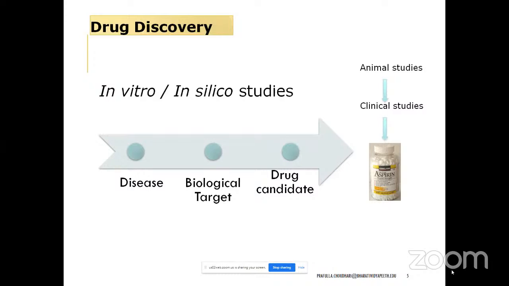And this biological target is often characterized with the help of analytical tools like NMR and X-ray diffraction, and biological databases are often utilized for the development of a selective and specific drug for the particular disease.